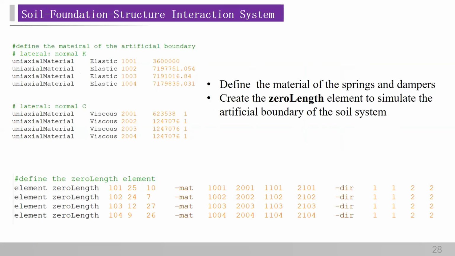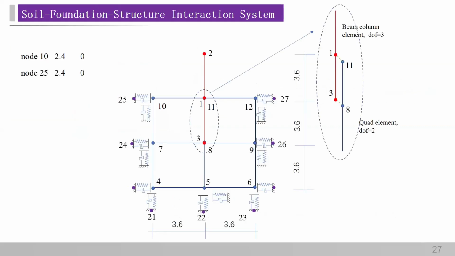So when we use the zero length element, we can connect these nodes to simulate the artificial boundary of the SSI system.